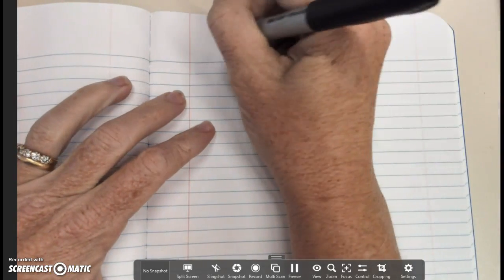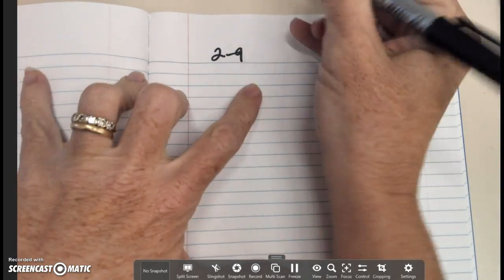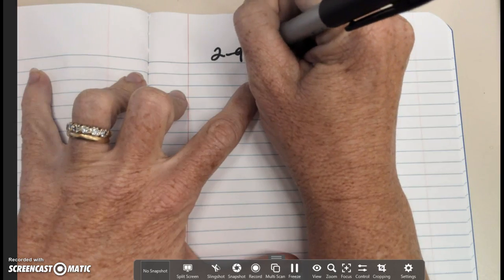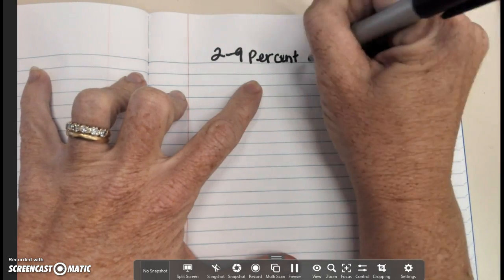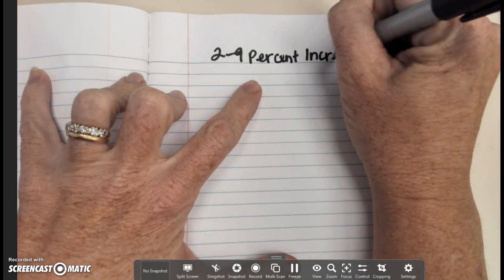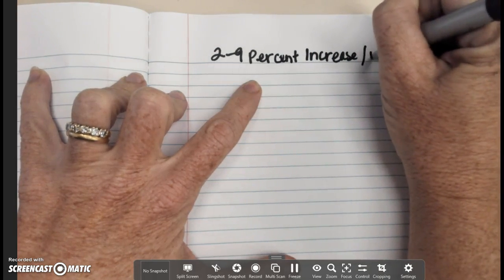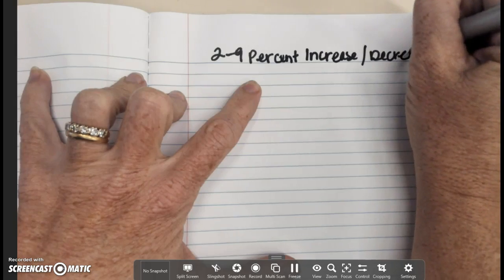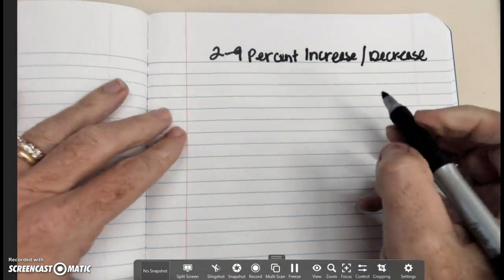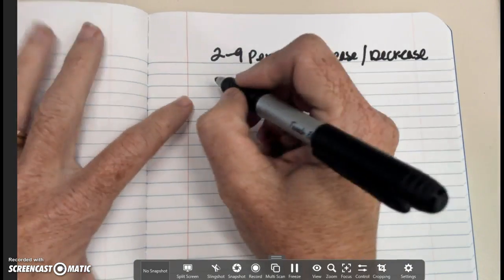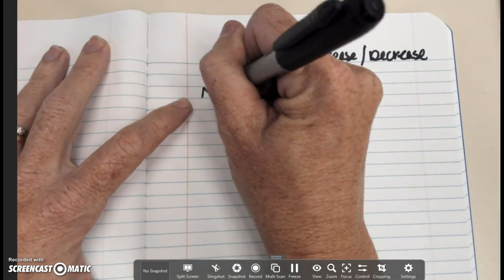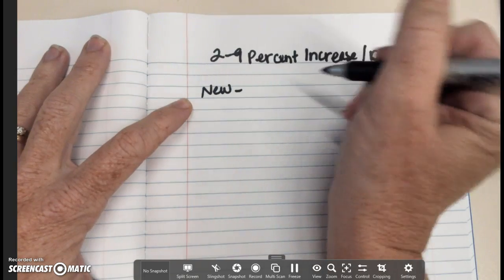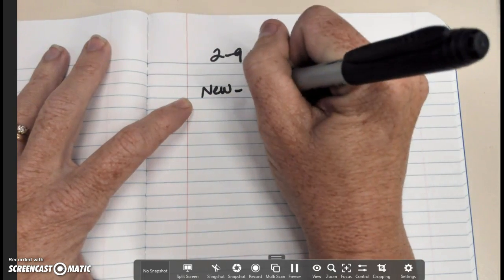Okay, so today we are doing 2-9, which is percent increase or decrease. Okay, so what I want you to really think about is that you have a new amount, and that can be an amount of money, a number of people, anything like that.